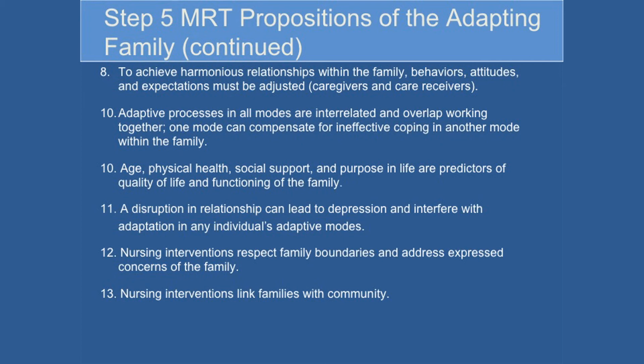Age, physical health, social support, and purpose in life are predictors of quality of life and functioning of the family. A disruption of relationship can lead to depression and interfere with adaptation in any individual's adaptive modes. Nursing interventions respect family values, and address expressed concerns of the family. Nursing interventions link families with community.